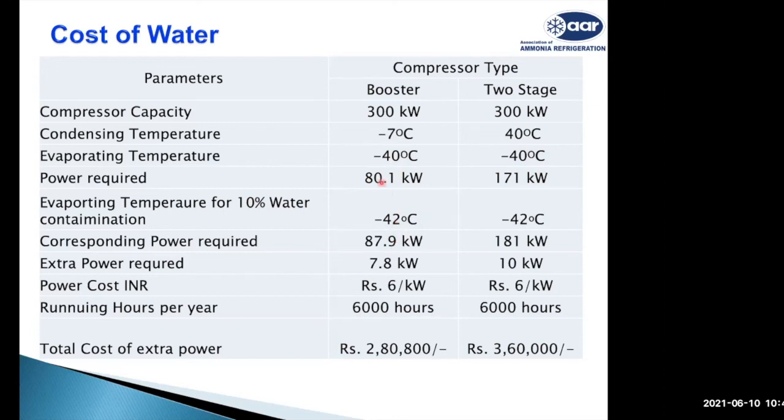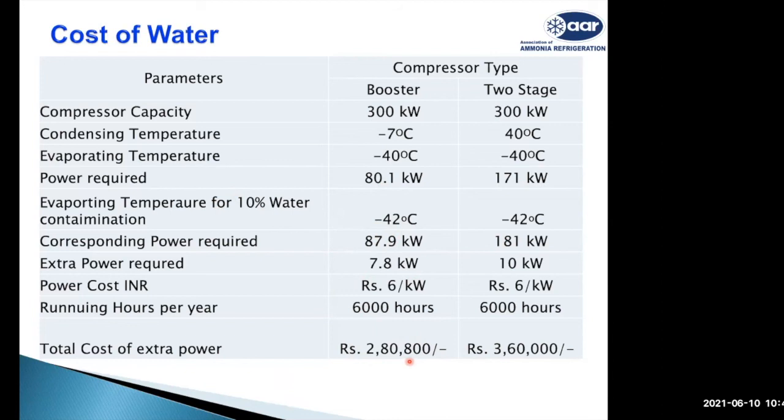So instead of 80 kilowatts, I will be requiring 88 kilowatts, and instead of 171 kilowatts, I will be requiring 182 kilowatts. So if you consider 6,000 hours of operation, because of a little bit of water, 10% water contamination, I will be spending a huge amount every year. So this is the cost of the water in terms of only suction pressure.